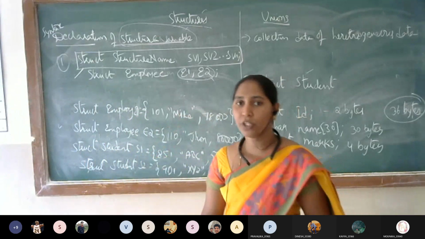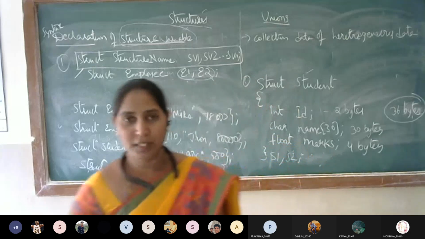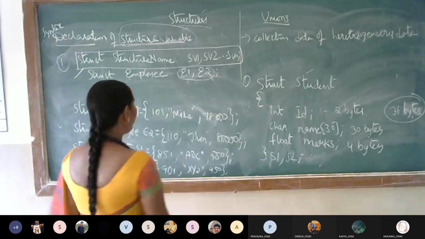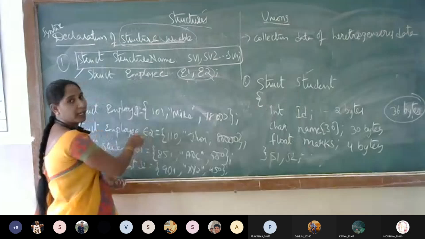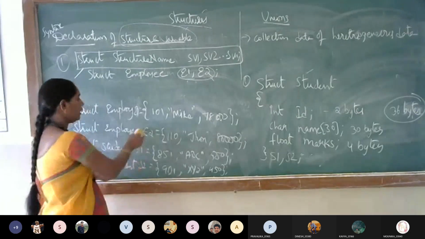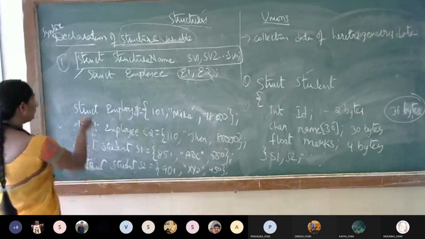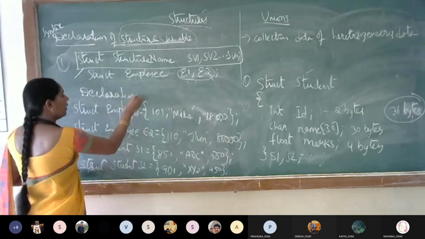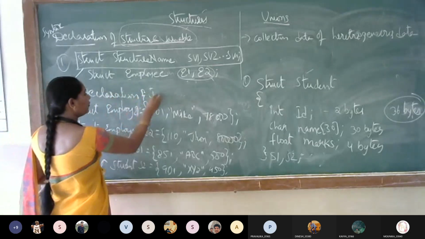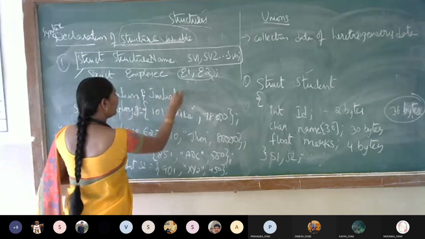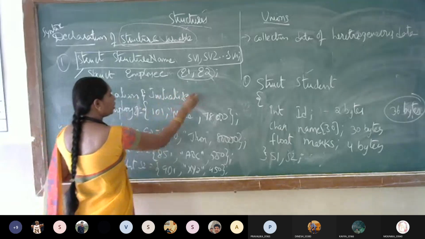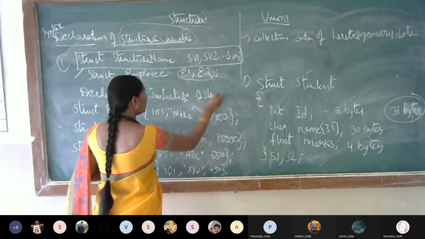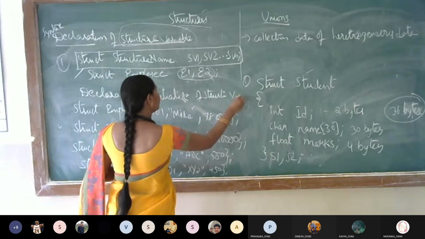This is the way you are going to access the members of that particular structure, and how you are going to declare and initialize the structure variable. This indicates the declaration and initialization of structure variables.